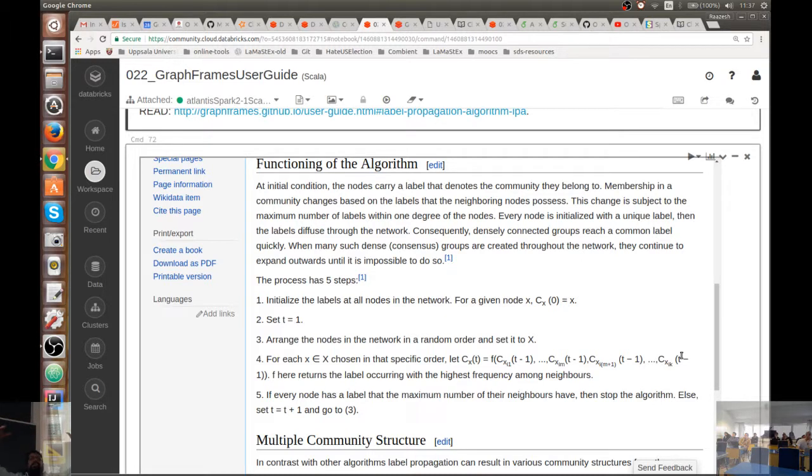Now a lot of IDs will be dropped because only the medians are kept, and then you iterate this again. My previous median of my neighbors becomes my new ID, and then in the next step, I will be sending my ID to everyone, and others will be sending their IDs to me, and I do the median of my neighbors again. And that's basically propagating labels, right?